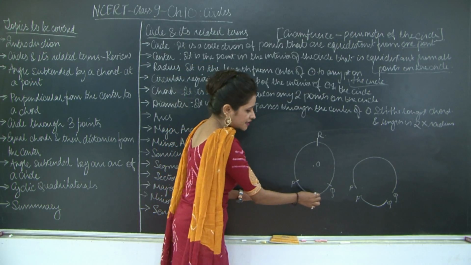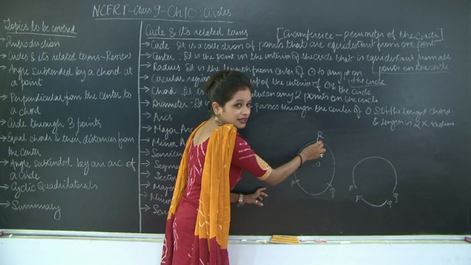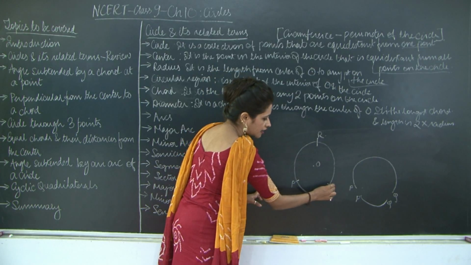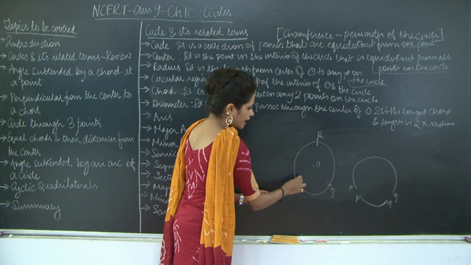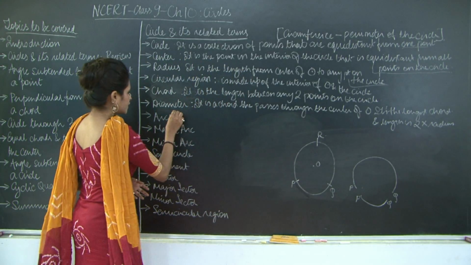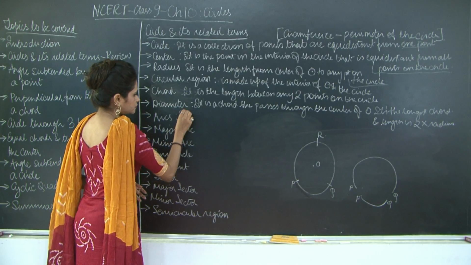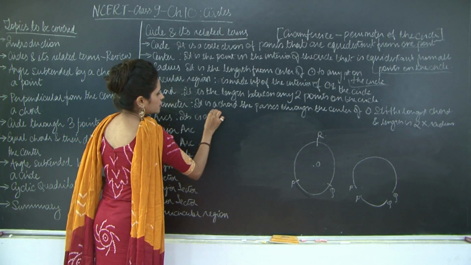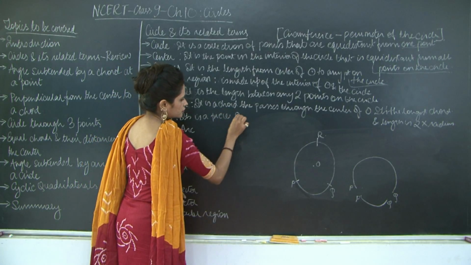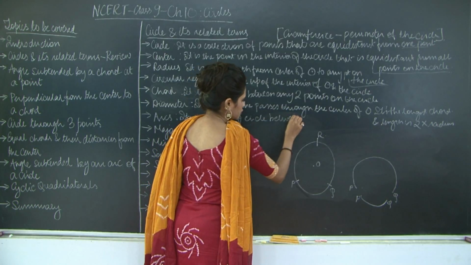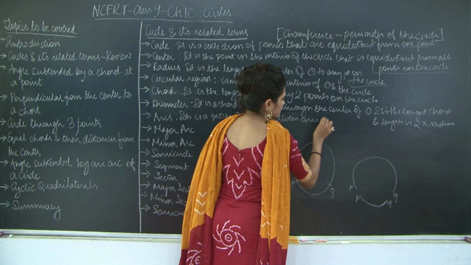And like you can see, there are two parts, which is why we have given a special name here. This arc is known as the minor arc and this arc is known as the major arc for obvious reasons. So arcs, it is a piece of circle between any two points.